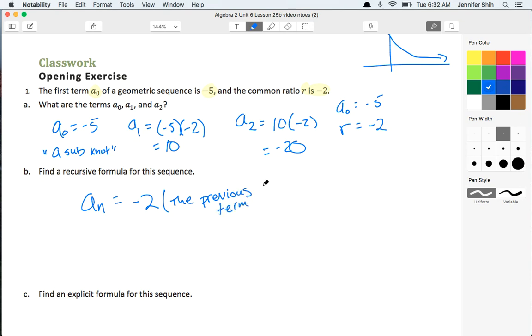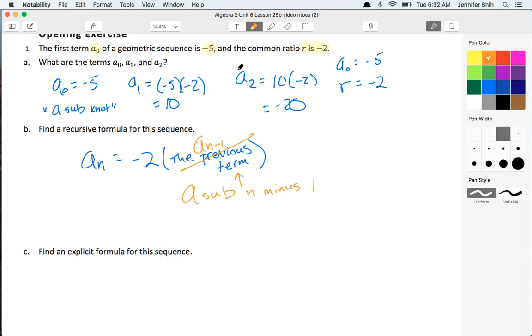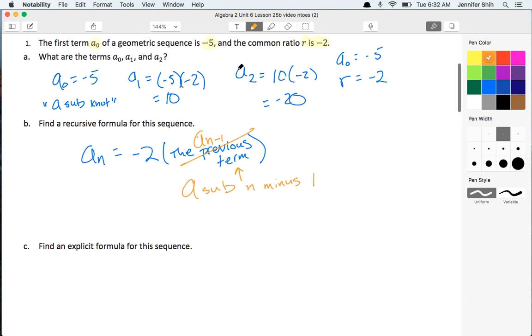Whatever your term is, a sub n, it's the one before it: a sub n minus 1. That's what a previous term is. And that's going to be your recursive formula, because recursive means you call back the previous one, which is awesome.